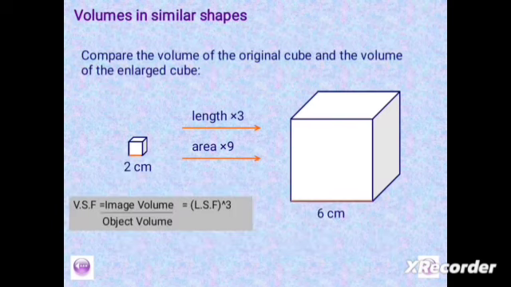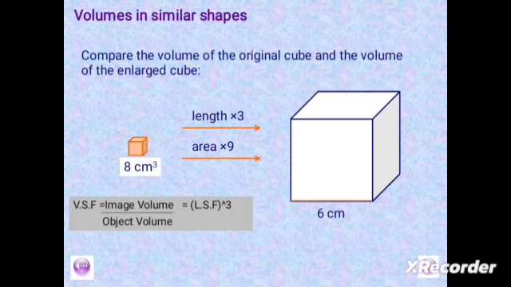Volume scale factor, whereby we are going to compare the volume of the original cube and the volume of the enlarged cube. So we have a smaller cube of side 2 centimeters. We can get its volume by multiplying length times length times length, because it is a cube. So we have 8 cubic centimeters.